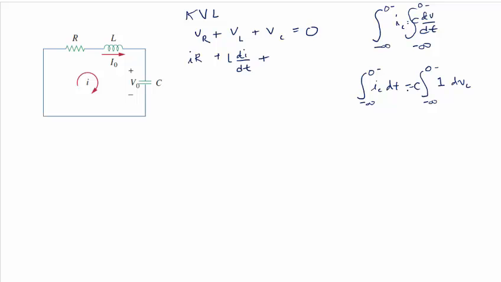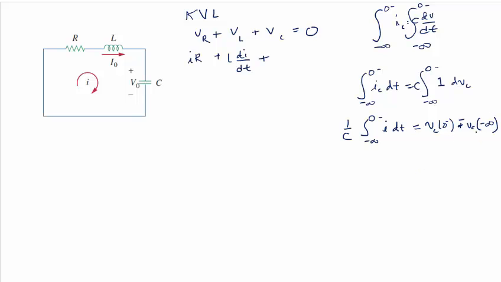Okay, so now we can go ahead and integrate. Let's divide both sides by C, and we have 1 over C times the integral from minus infinity to 0 minus of I dt equals V in the capacitor at time 0 minus, minus V in the capacitor at time negative infinity, because I'm just integrating a 1, which means it's going to be a V, a constant, right?